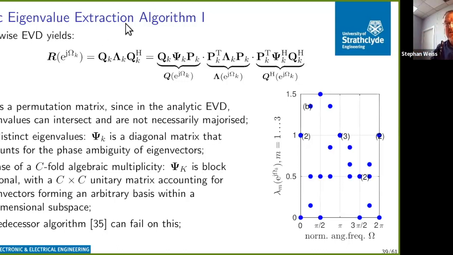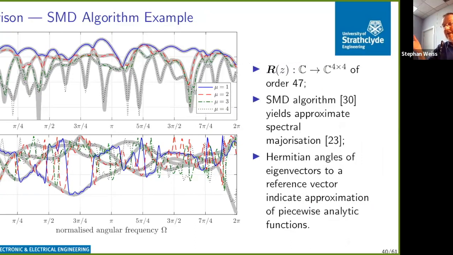Once we know what the permutations are, we can then also target the smoothest possible phase function through the eigenvectors and also get the analytic eigenvectors. So to show you some results and contrast them against what SBR2 and SMD, the two PEVD type algorithms, do, I show you a rather challenging problem here.